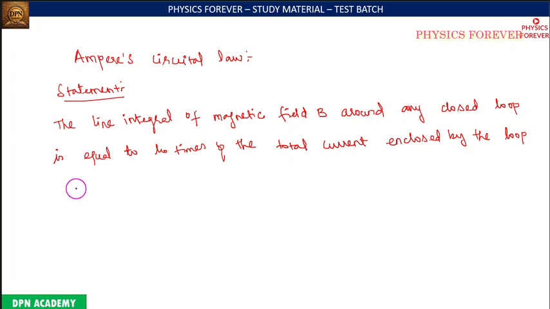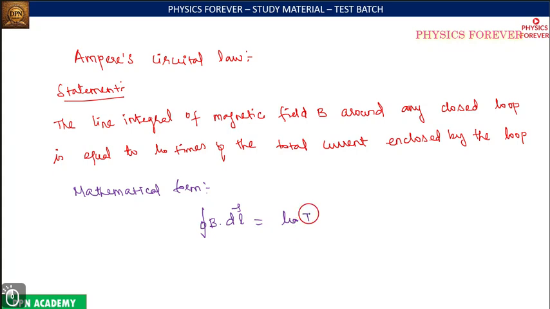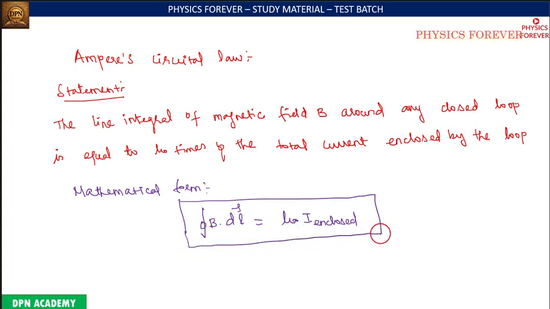How to write it mathematically? The line integral of B dot dl is equal to mu naught I enclosed. This is the most important formula you have to remember.